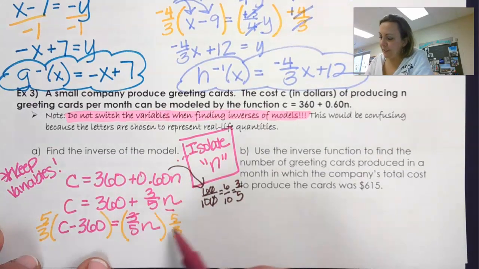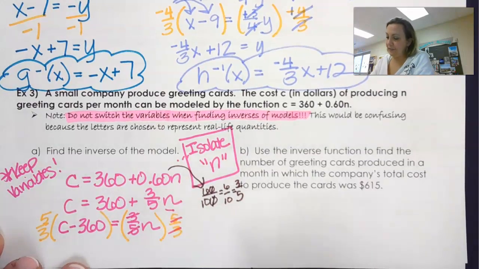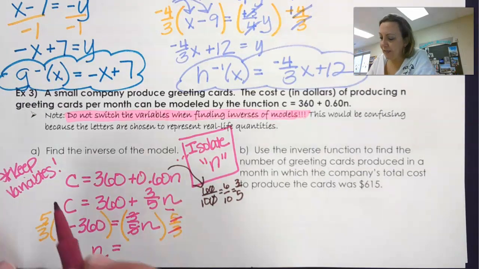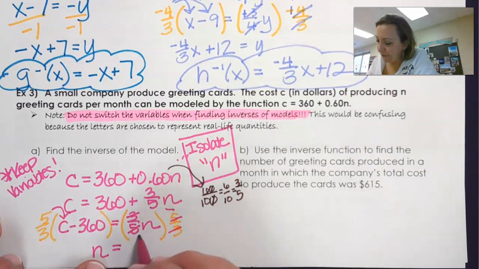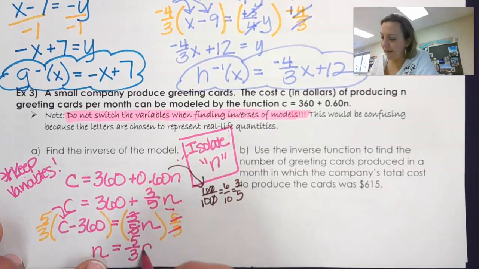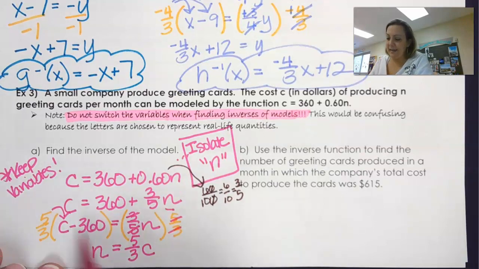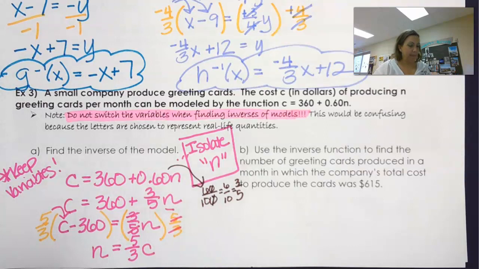And so these 3's cancel, these 5's cancel, so I just have n. I'm going to use the symmetric property of equality and just move the n over to the left. And now I'm going to take 5/3 times c, which is 5/3 c. And then I can take 5/3 times negative 360.